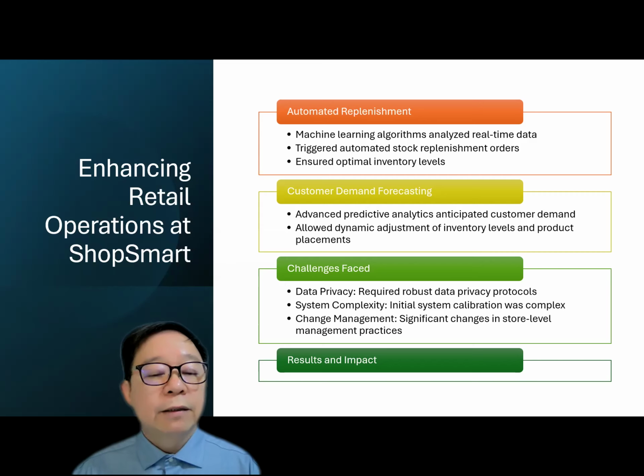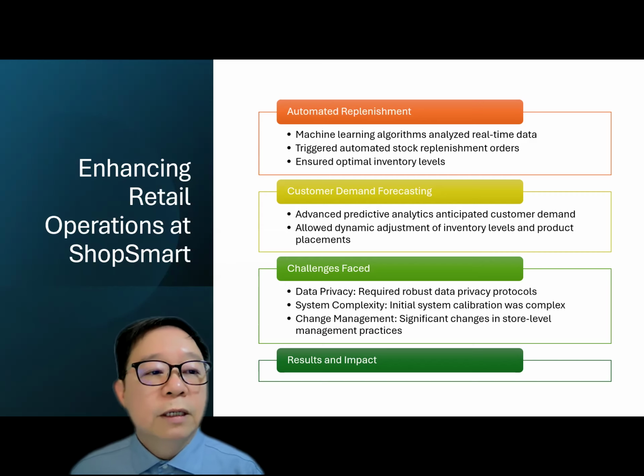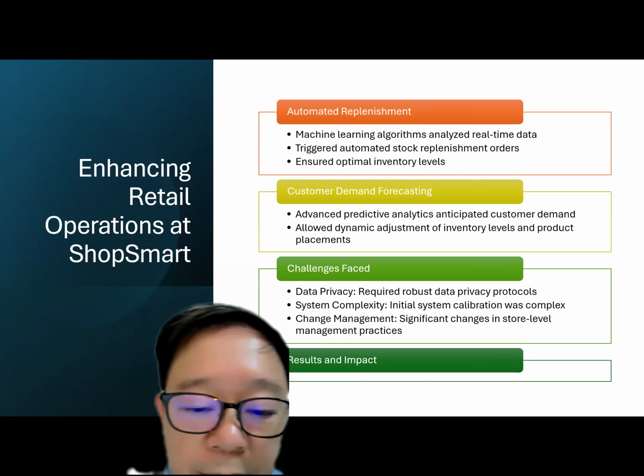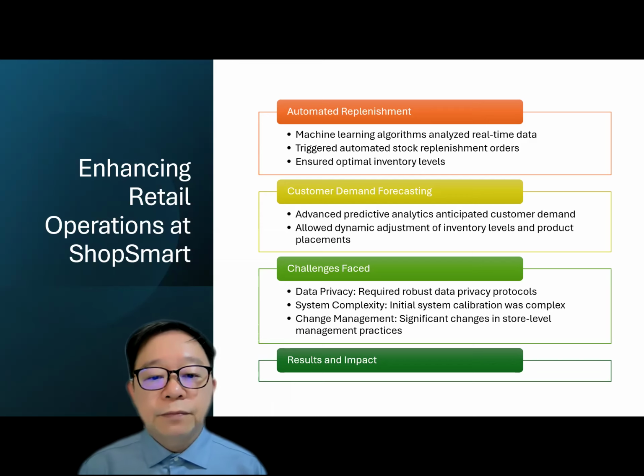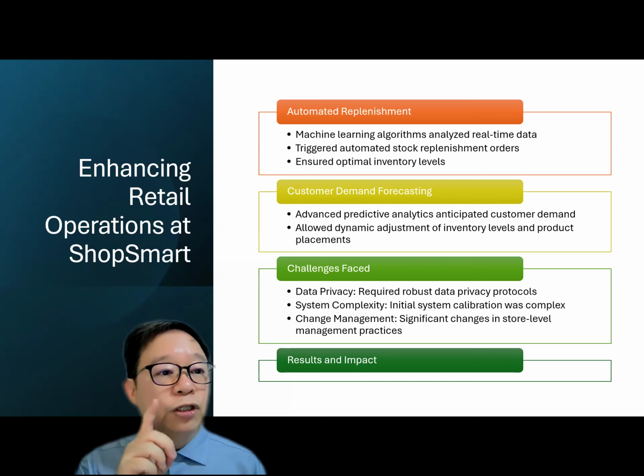How about the customer side? With AI predictive analysis, they can anticipate customer demand. Right, so they predict, okay, if you look at the trend now, I think you need to stock up, Patrick, you need to produce more goods because the peak volume is coming soon. So this is very good, and we can achieve that.